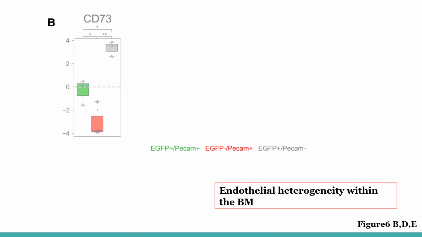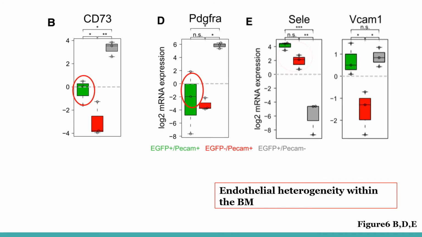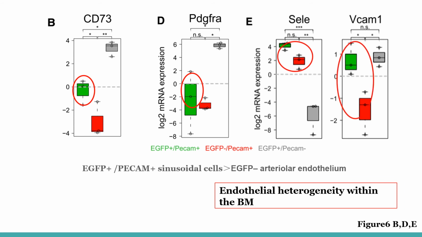Further RNA sequence analysis shows that the sinusoidal cells express higher levels of mesenchymal markers than the arterial endothelium cells, as well as E-selectin and VCAM1 genes, which can be used to distinguish these 2 endothelium cells. They also performed gene set enrichment analysis, and found that the sinusoidal cells express more stromal stem cell genes than the arterial cells, which indicates endothelial heterogeneity in the bone marrow.